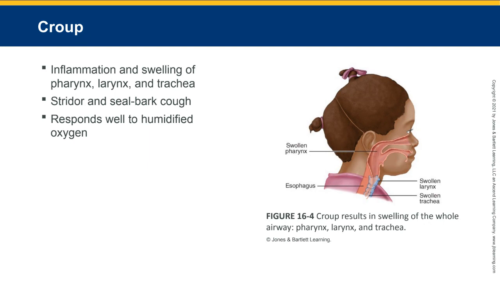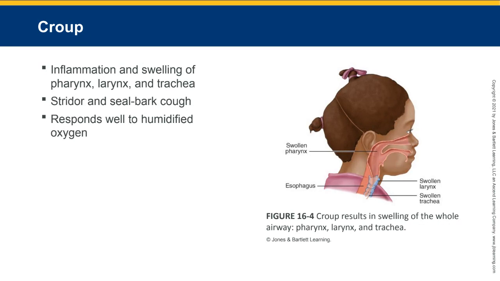Any patient that has a respiratory tract infection, if you're going to be giving them oxygen, give them humidified oxygen. Even if you start off with dry oxygen in the field, once you get to your unit, put them on humidified oxygen. When a patient has an infection, they're going to become dehydrated.